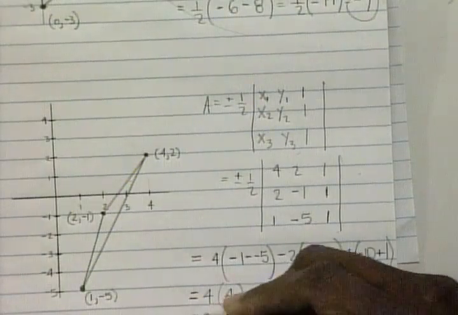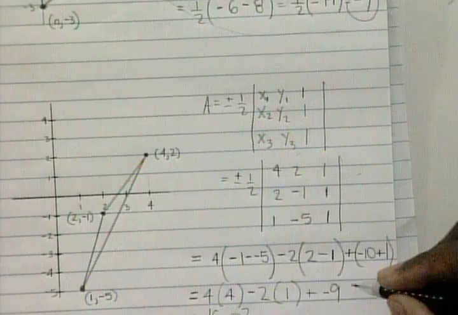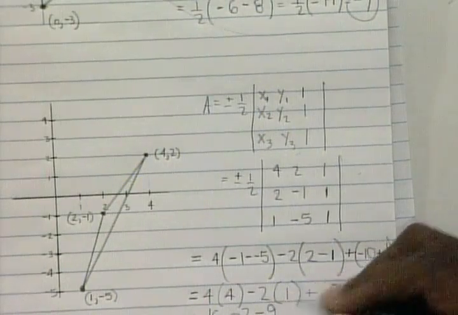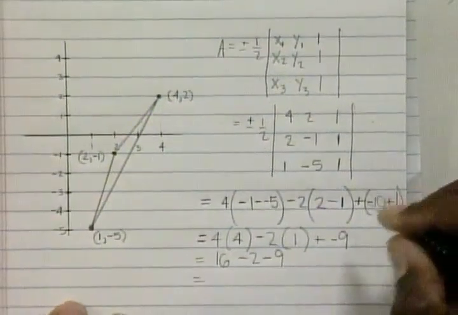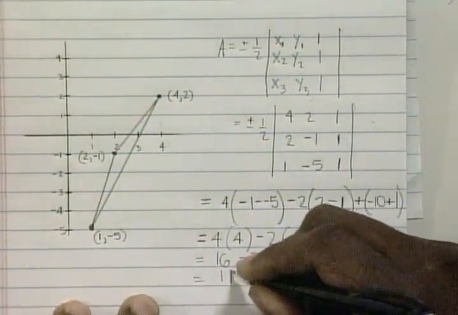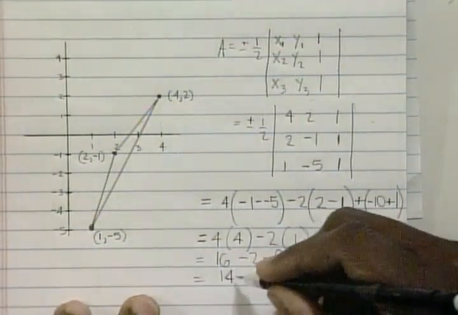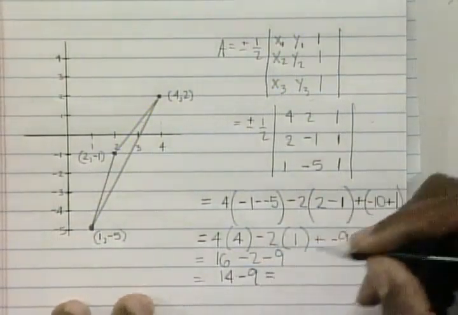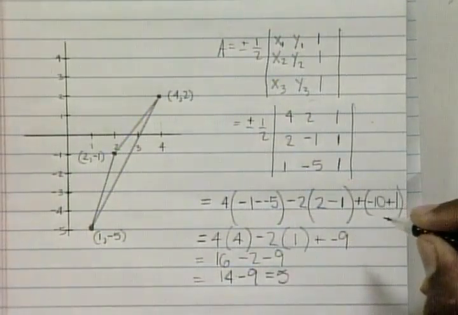So you end up with 16 minus 2 minus 9. Oh, I'm so sorry, rushing a little bit. You end up with 14 minus 9, and you end up with 5.